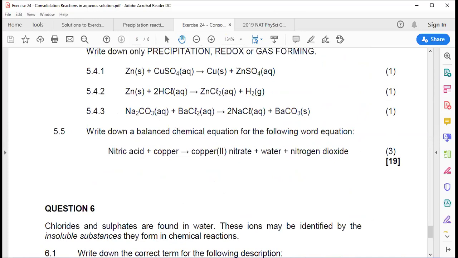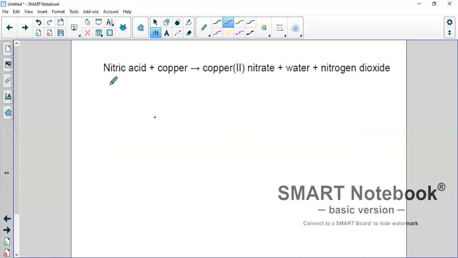All right. So here you need to do your crisscross from first term. Right. So we need to write using chemical symbols here, using chemical formulae to write this. So we start with the nitric acid.